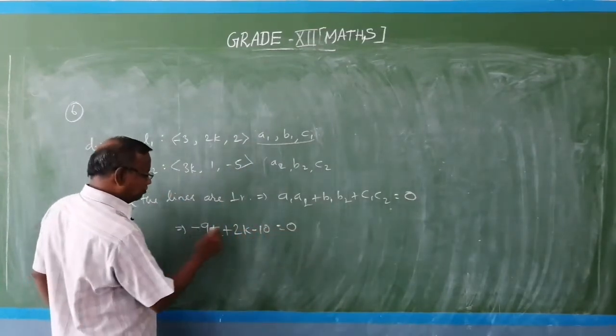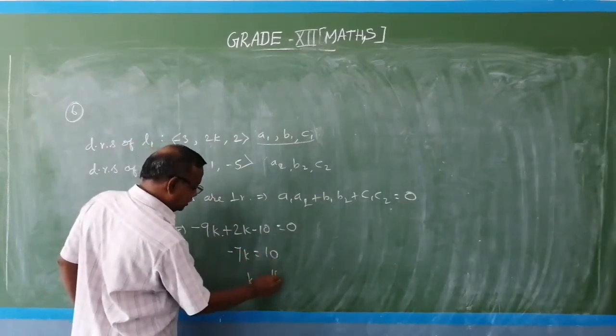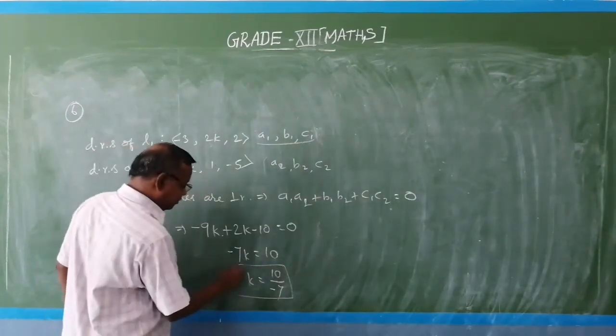Now minus 7k equals 10, therefore k equals 10 by minus 7. So this is the required value of k.